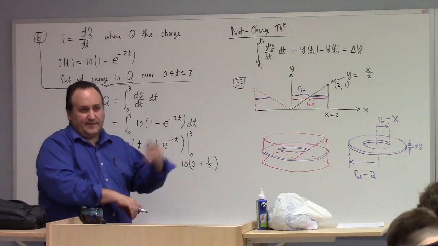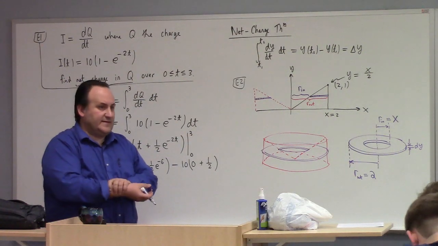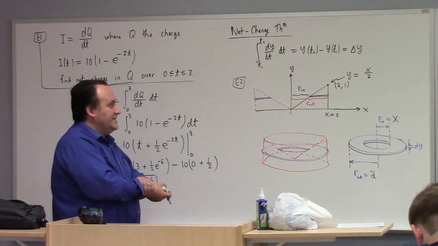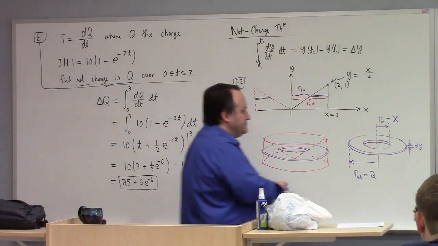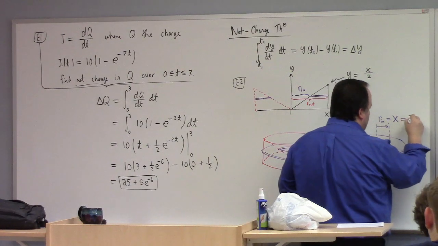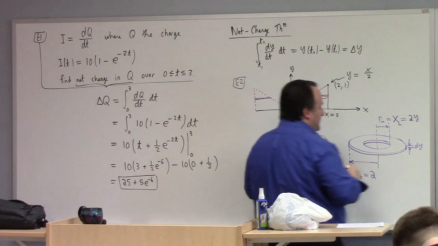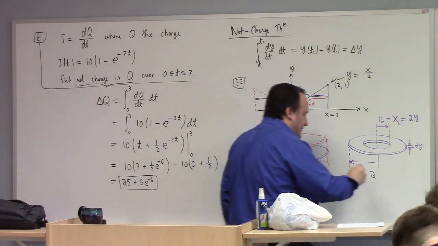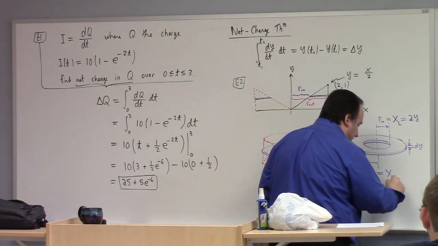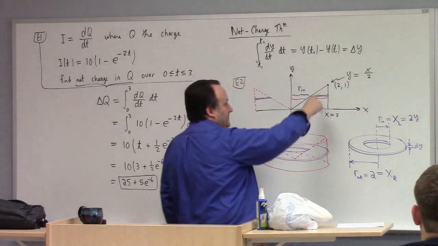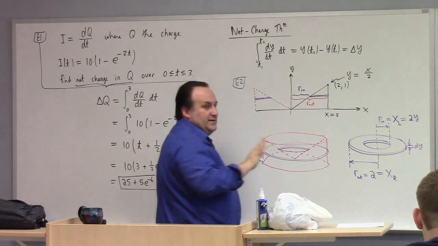See the dy? That means we're going to add things up in y. So how do we convert that x to a y? Well, that x is equal to what? It's actually equal to 2y. And sometimes I would call it the left x, whereas 2 is of course equal to the right x in this case. We've got the left x, we've got the right x.